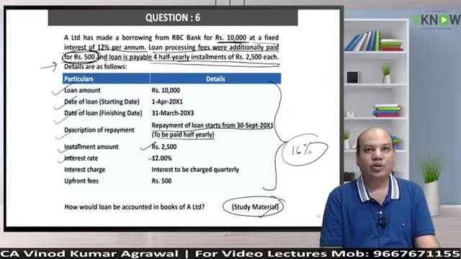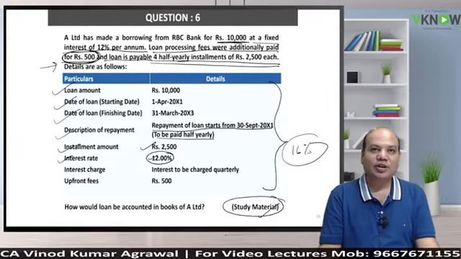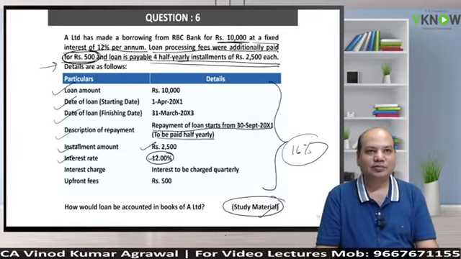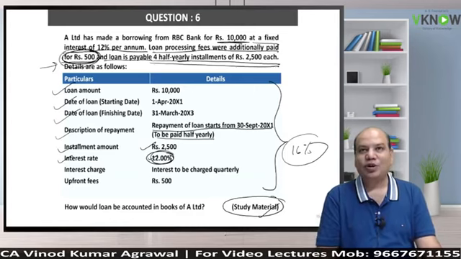Some students make one more mistake. They treat this also as an effective interest rate. This is not the effective interest rate. This is called coupon rate, or interest rate. And the effective interest rate will not be 12% because this was having some flotation cost.